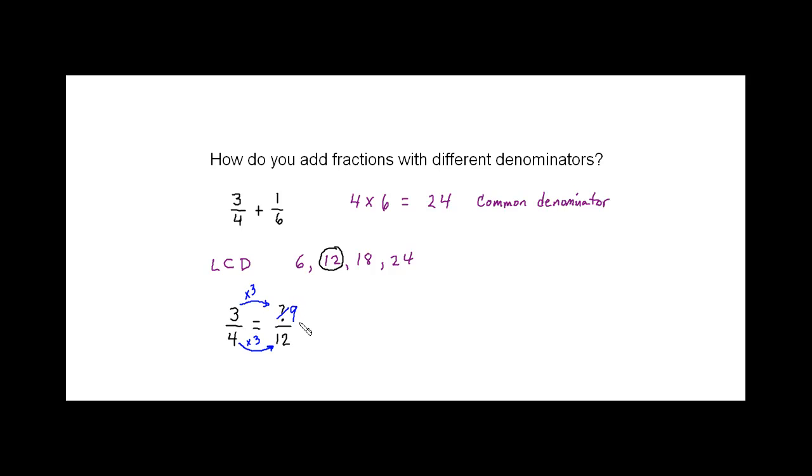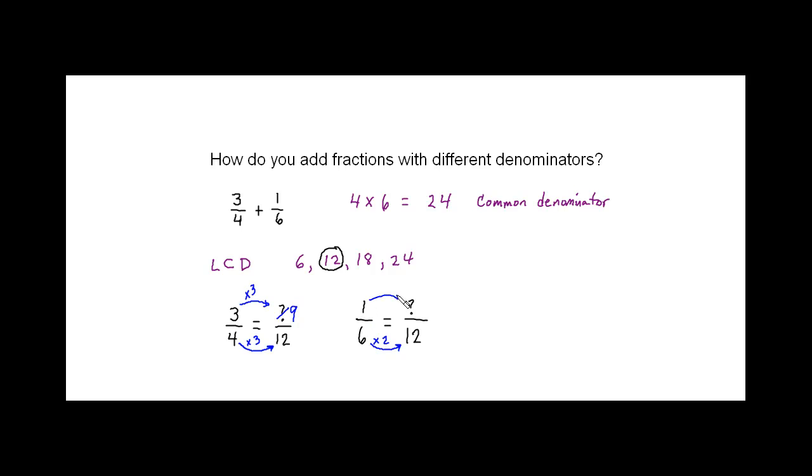These are equal fractions. Let's do the same thing to 1/6. We're going to change 1/6 into a new fraction whose denominator is 12. This time, 12 is twice as big as 6, so that means we multiplied 6 by 2 to get 12. And whatever we do to the denominator, we have to do to the numerator.